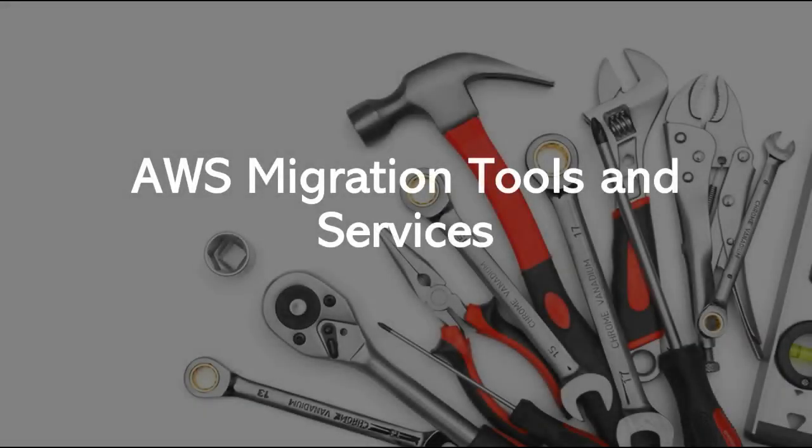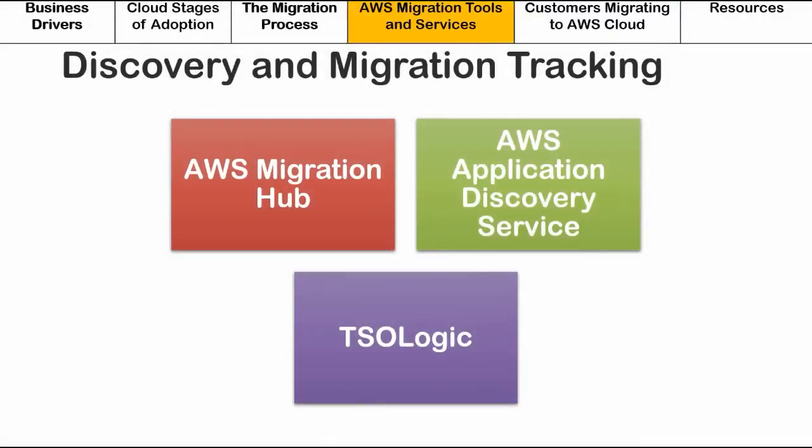Then the tools and services that we're going to use in our migration program: at different stages we're going to use different tools. For discovery and to track the migration progress, we're going to use the Migration Hub, Application Discovery Service, and of course TSO Logic, which is a third-party software.